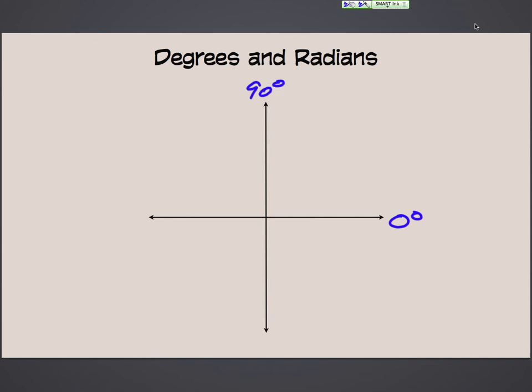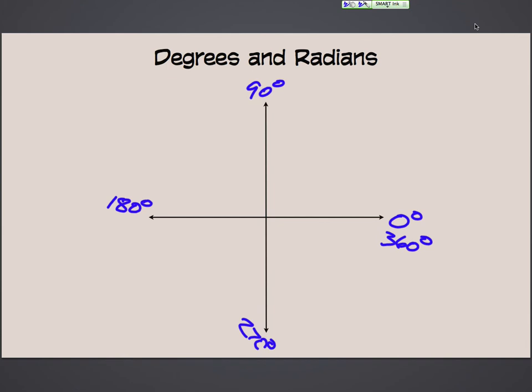If I'm all the way over here to the left, 180. And this is where we get into new territory once we go past 180. What's my angle going to be down here? 270. How am I getting from one to the next? Adding 90. So if I add 90 to 270, what am I going to be back at? 360.